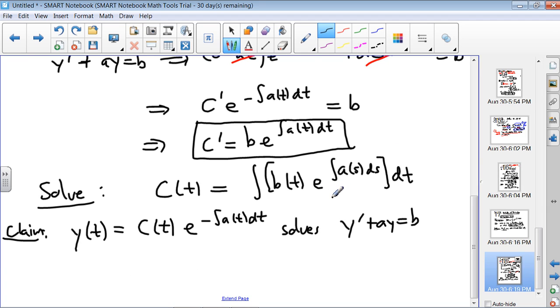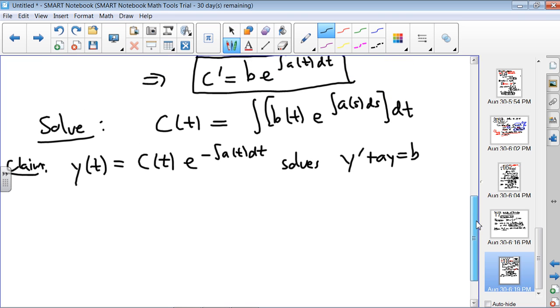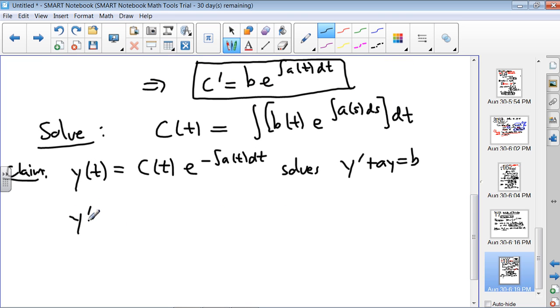But let's use the C of t formula in here and see if we can make a bit more sense of what's going on. So our C of t formula is this. Okay? One thing that we'll do explicitly here is we can just take C of t. We know we're going to integrate here, so we're going to end up with an integration constant out here somewhere.